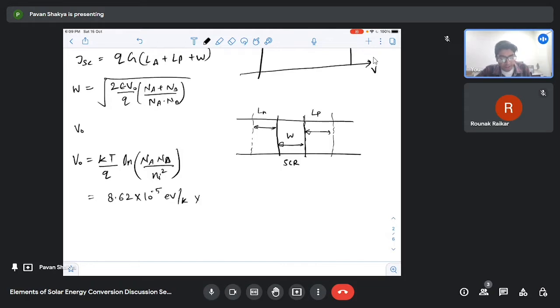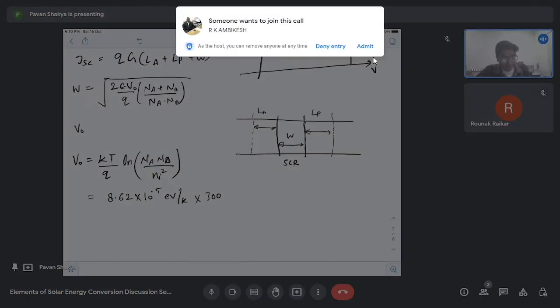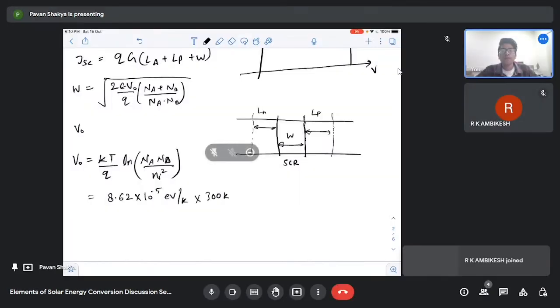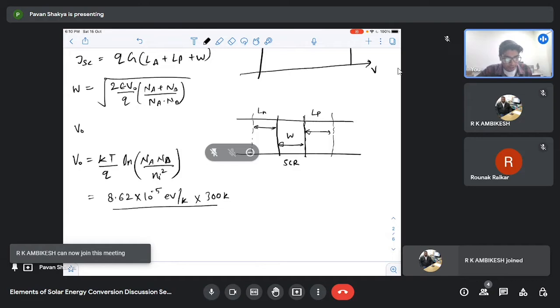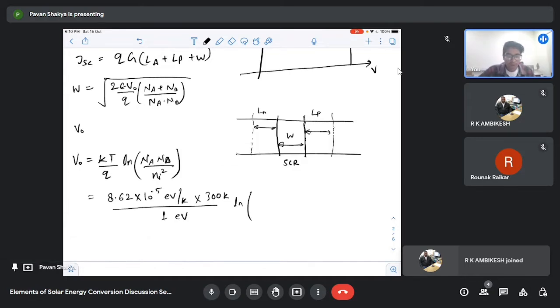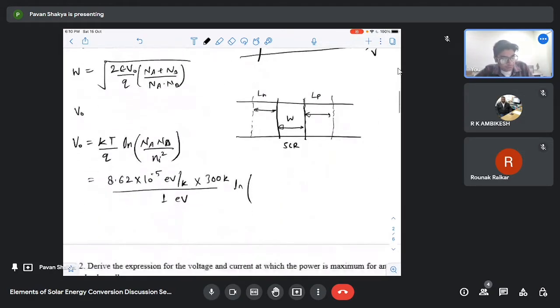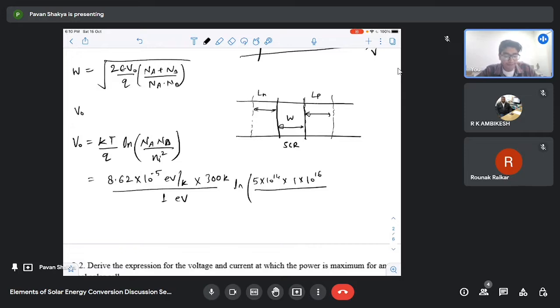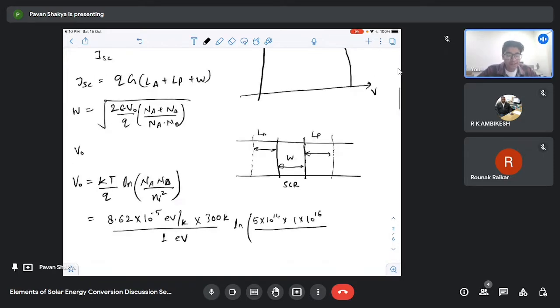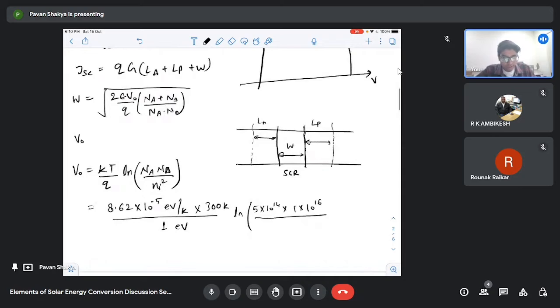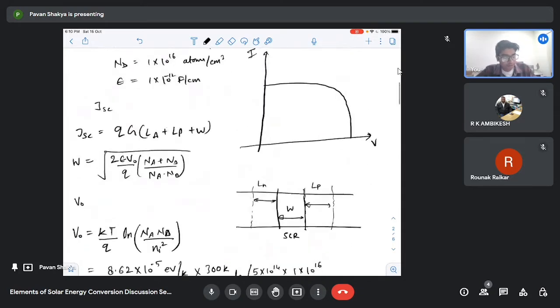The room temperature we are assuming as 300 Kelvin, where Q is 1 electron volt. Now Na and Nd are given in the problem. The value for Na is 5 into 10 to the power 14, and for Nd the value is 1 into 10 to the power 16, divided by Ni, the intrinsic concentration, which is given as 1.5 into 10 to the power 10.